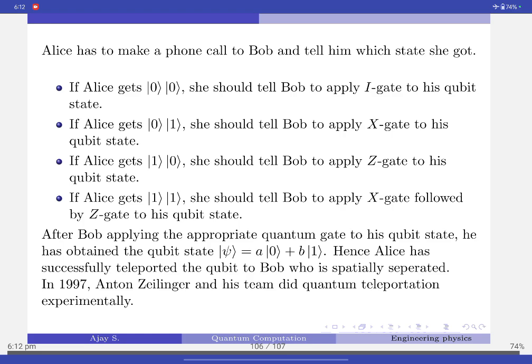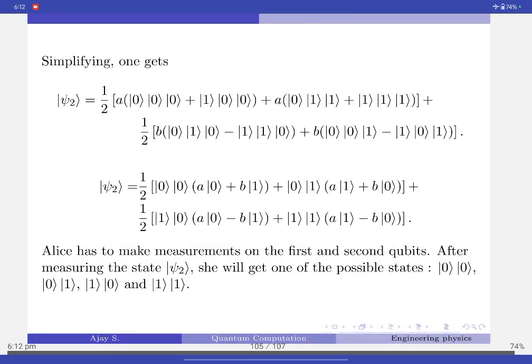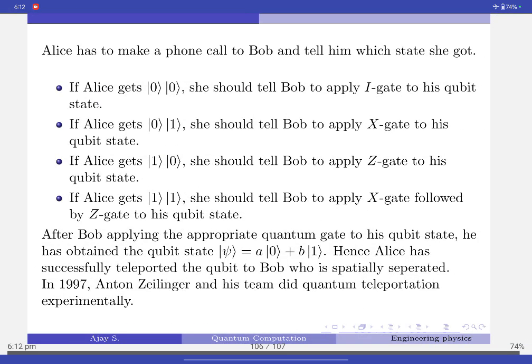If Alice gets 1 0, then Bob has to apply the Z gate, because if Alice gets 1 0, Bob has a 0 minus b 1, so the minus 1 has to go to plus 1, which is done by applying the Z gate. And if Alice gets 1 1, she should tell Bob to apply the X gate followed by the Z gate.